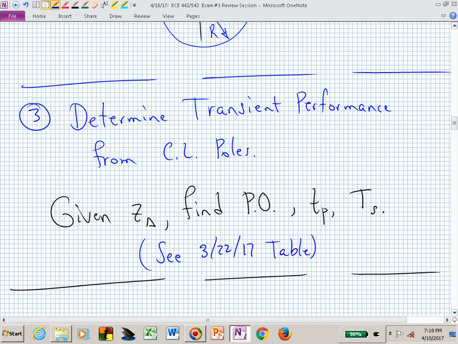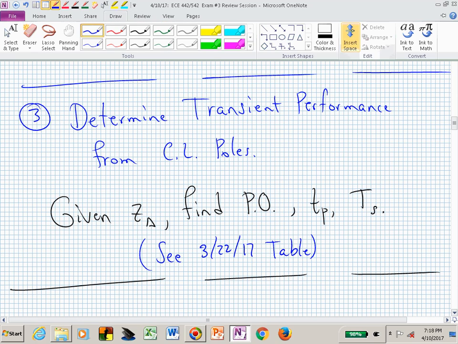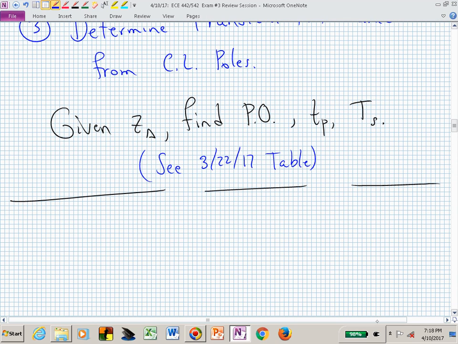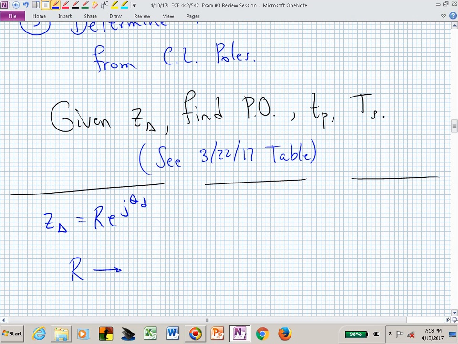Which, if somebody gives you z delta, which is r e to the j theta sub d, what does r translate into in terms of performance? The circles give you your settling time, which are now influenced by this relationship.